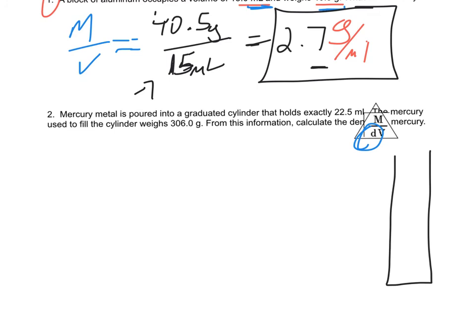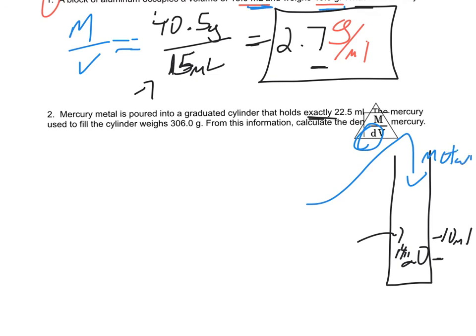When you have a cylinder, and we're going to do a lab like this either this week or next week, say the cylinder already has 10 milliliters of water in there, and you're measuring a metal, you're going to put the metal inside.